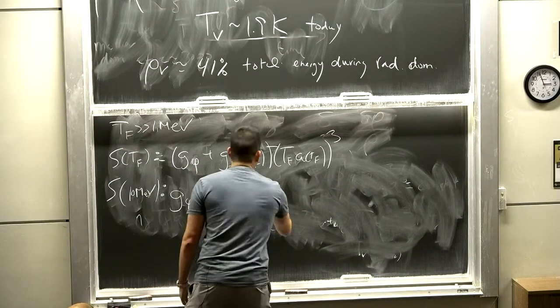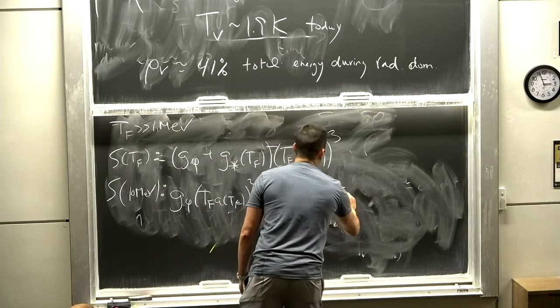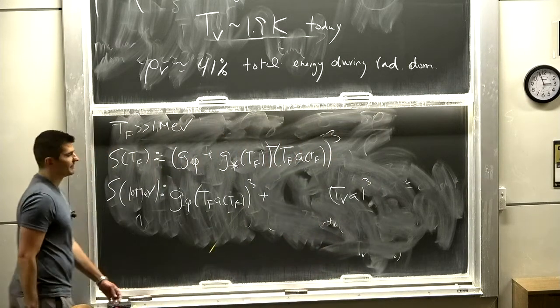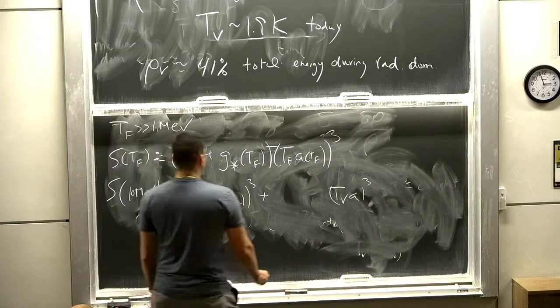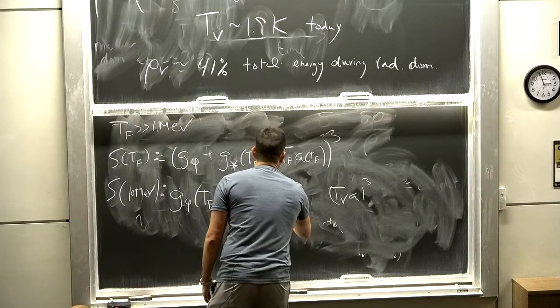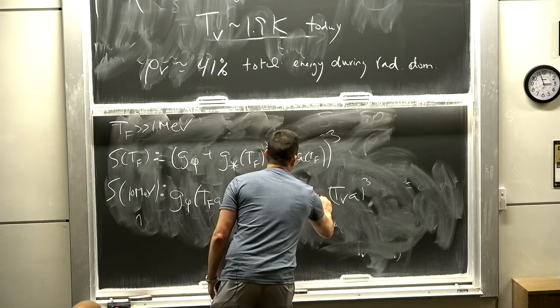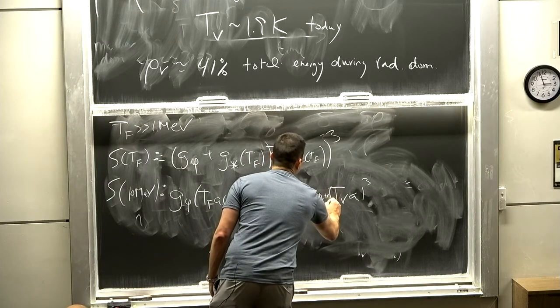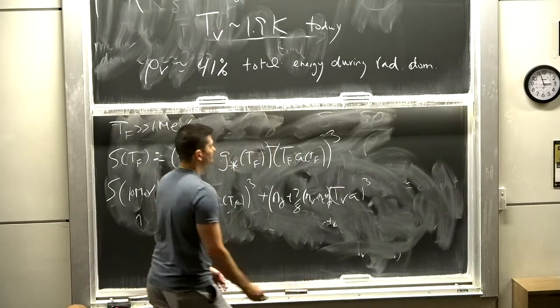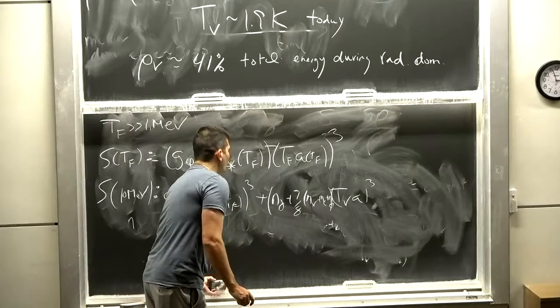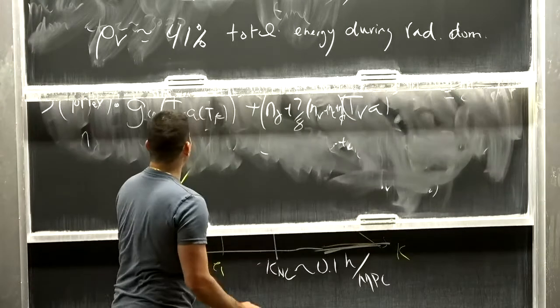And now we have the temperature of the neutrinos times a cubed. It's the neutrinos that are going to get heated up in this case, times the number of degrees of freedom in photons plus 7/8 the number of degrees of freedom in neutrinos plus electrons plus positrons. Now I'll just write the final formula so you can see it.